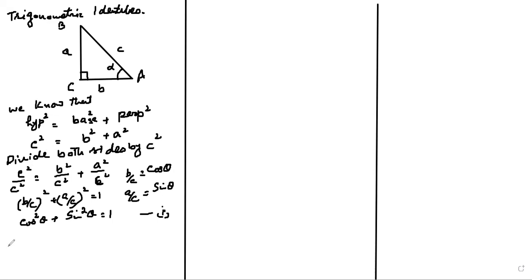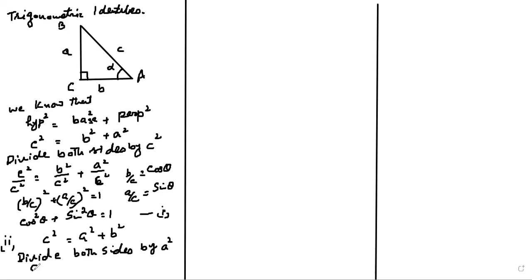Number 2. For number 2, we again have C square equals A square plus B square, or B square plus A square, the same thing. Now divide both sides by A square.